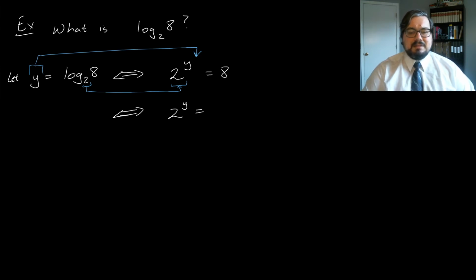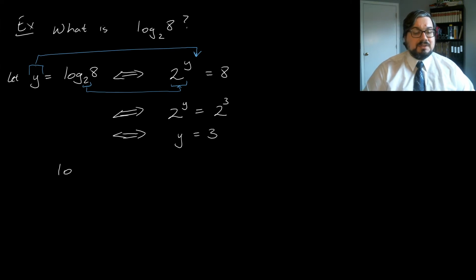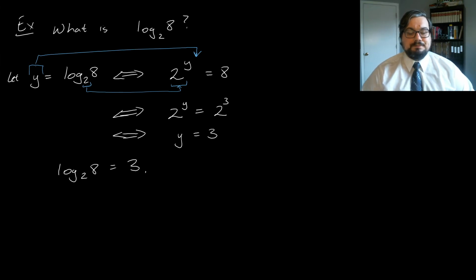If we want to express 8 as some power of 2, we know that 8 is 2 to the third. So this tells us that 2 to the y is equal to 2 to the third. However, the exponential function is a one-to-one function, as we mentioned, which means that if the outputs are the same, then the inputs have to be the same. So if 2 to the y equals 2 cubed, then y has to equal 3. So that tells us that log base 2 of 8 is equal to 3.